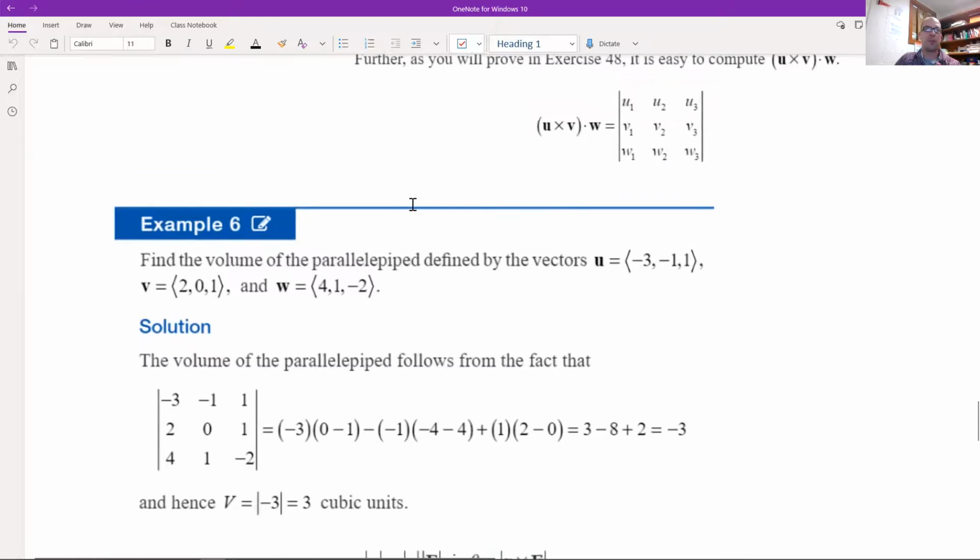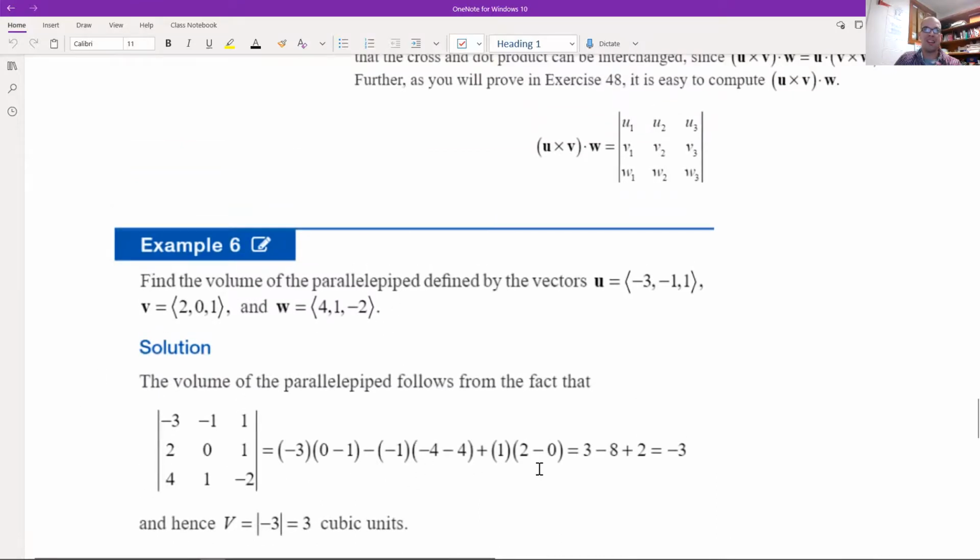And here's one of them worked out. Example 6, we have U, V, and W. We put those in as rows of a matrix. We compute the 3x3 determinant, and we get -3.